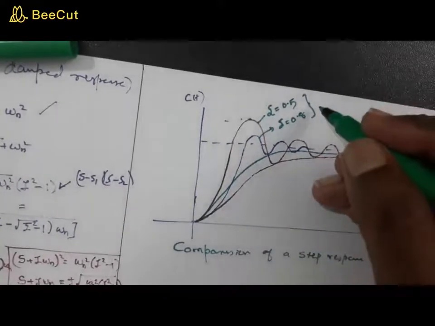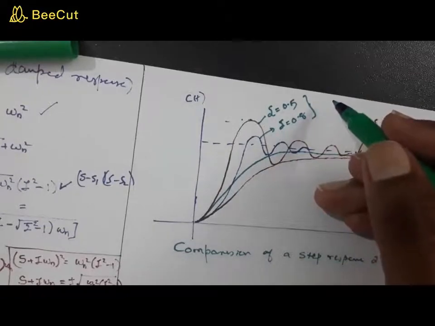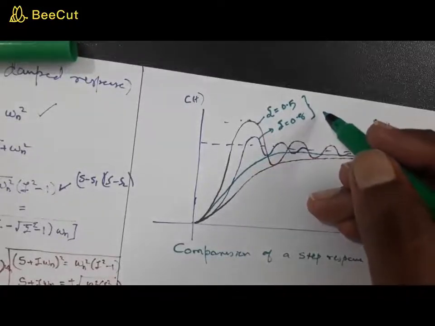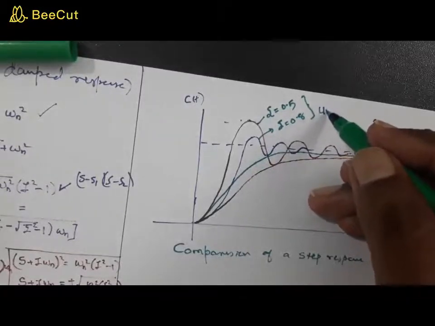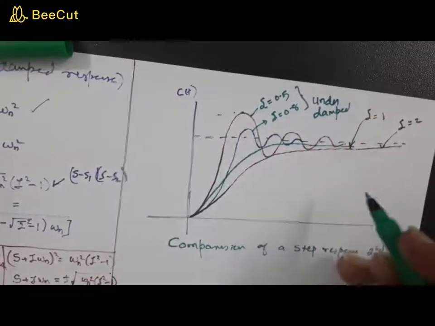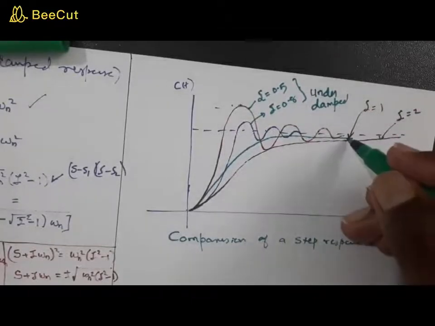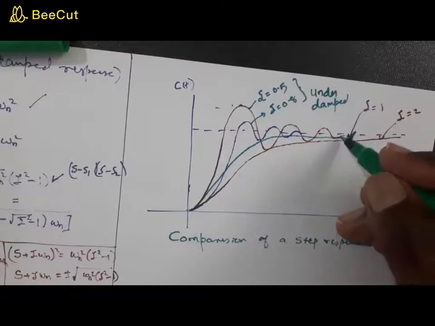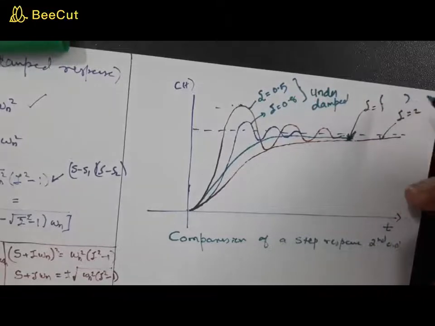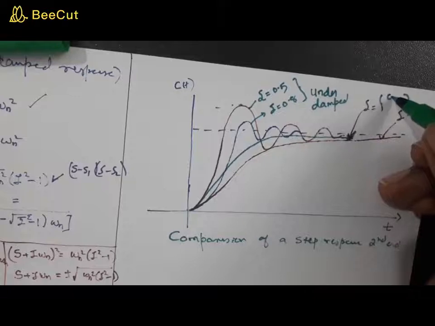These 2 cases, since the theta value is between 0 and 1, are called the underdamped condition. At theta equal to 1, this green one, we call it the critically damped condition.